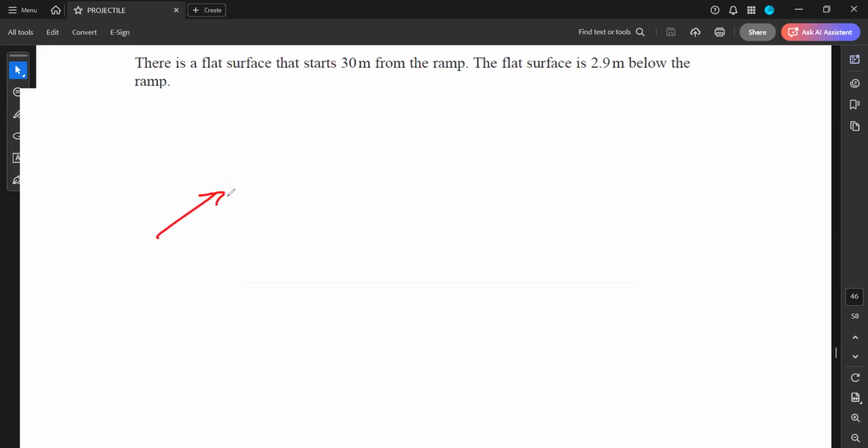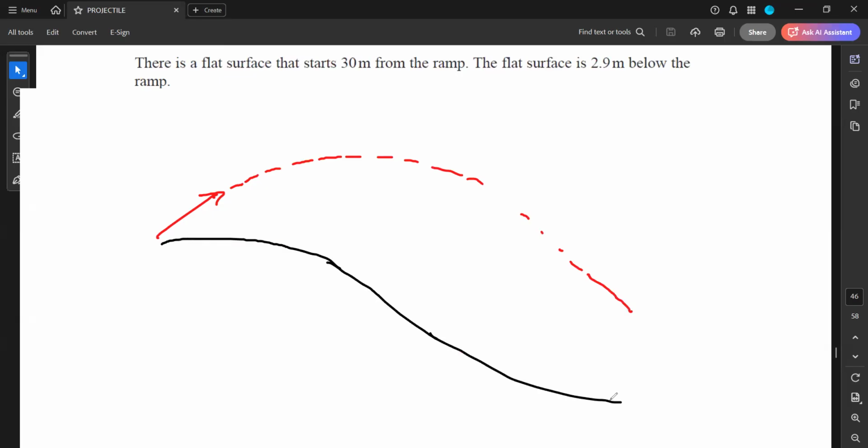This is the trajectory he's following, and this is a curved surface, which becomes flat here.